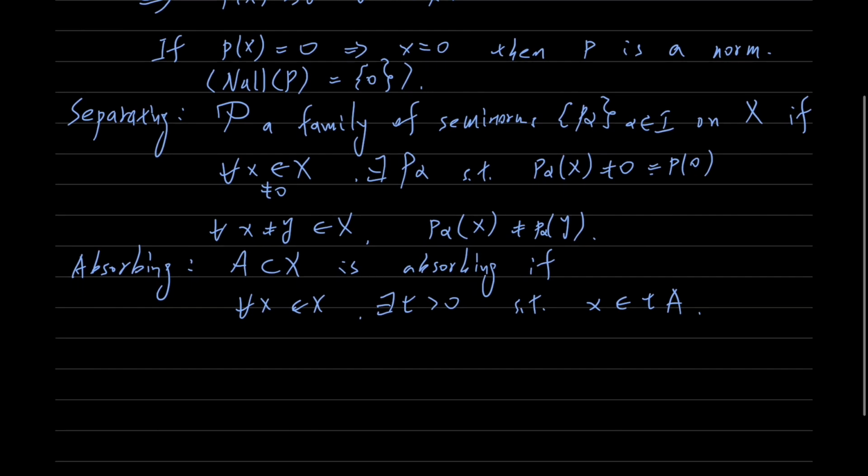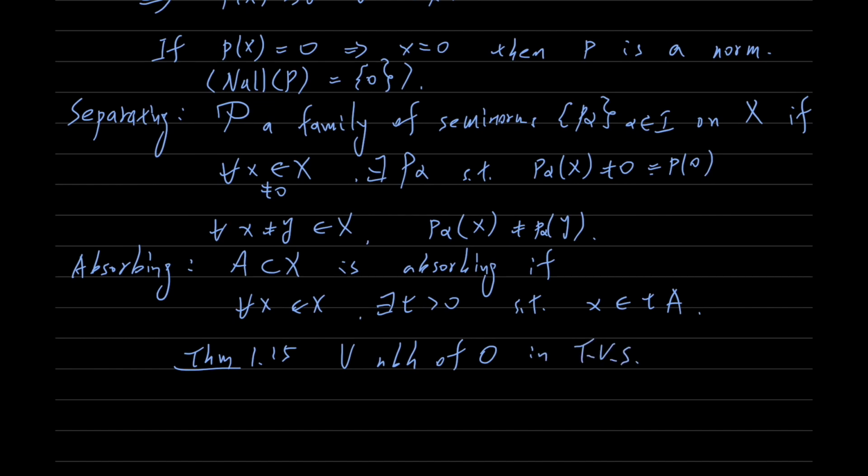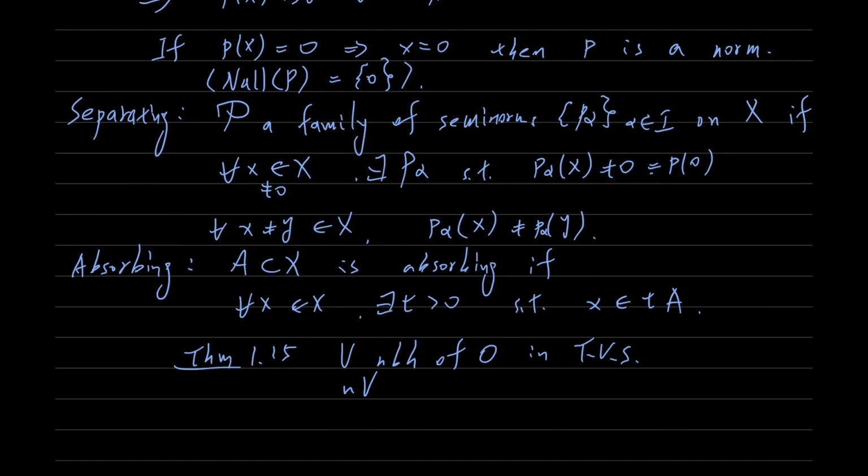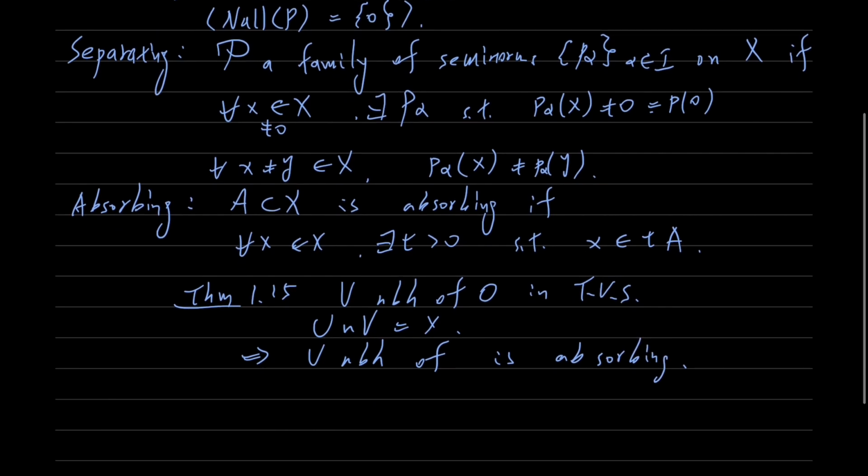One important example of an absorbing set is in Theorem 1.15, where we proved that if V is a neighborhood of 0 in a topological vector space, then the union of nV will eventually cover the whole space. This implies that V, or every neighborhood of 0, is absorbing. This is a very important example of an absorbing set.